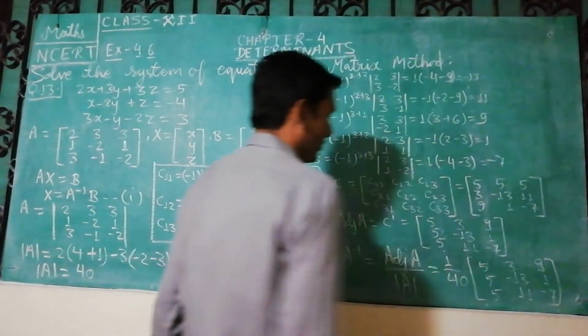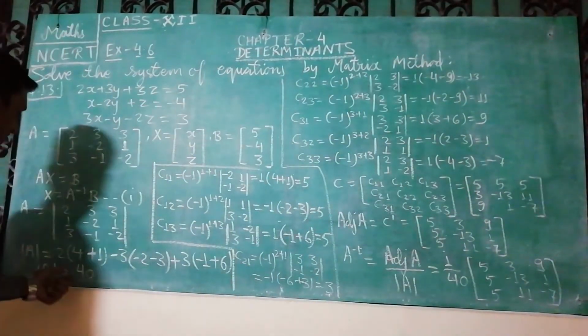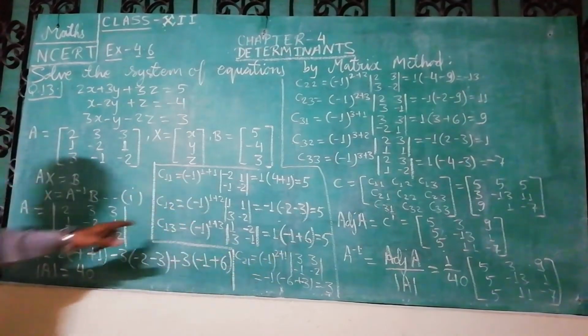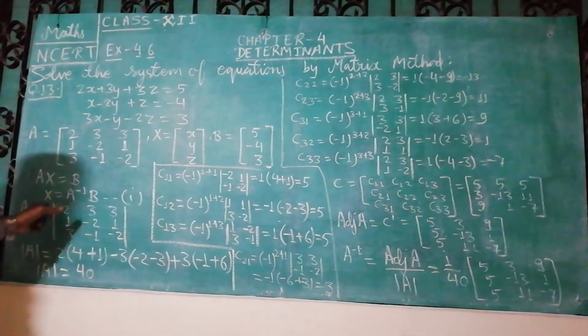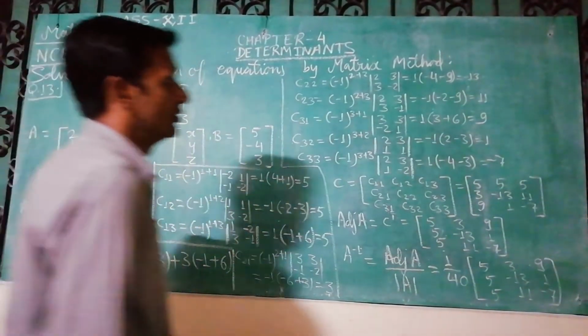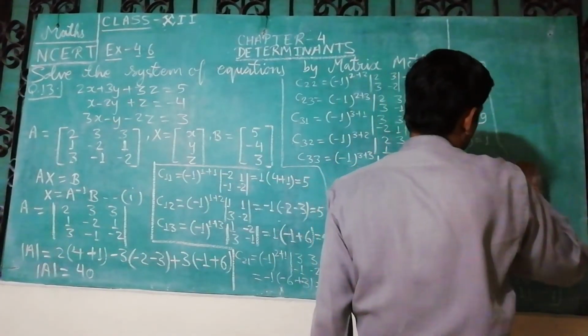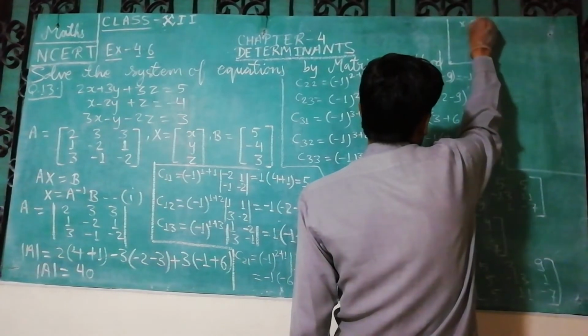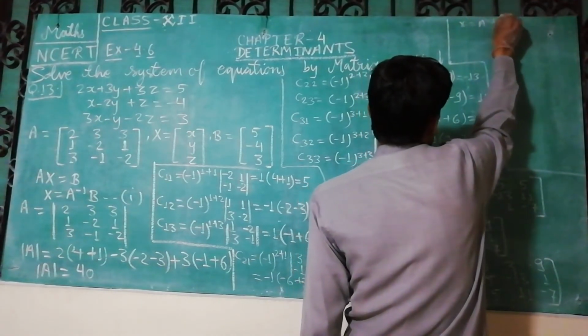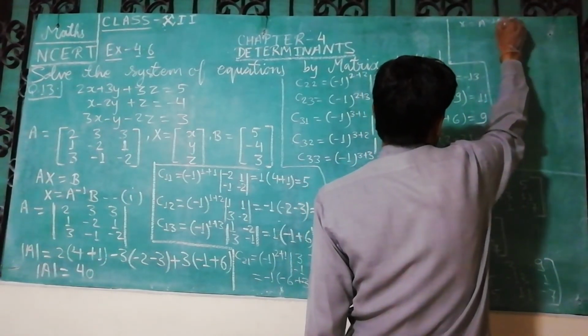Now what we have to do? Now we have to multiply A inverse by B, for getting the value of x, y, z. So finally we can say that X is equal to A inverse B. A inverse B means what?